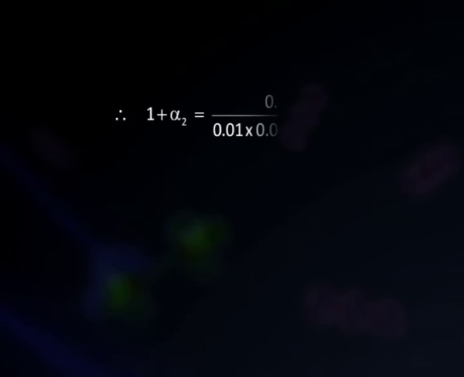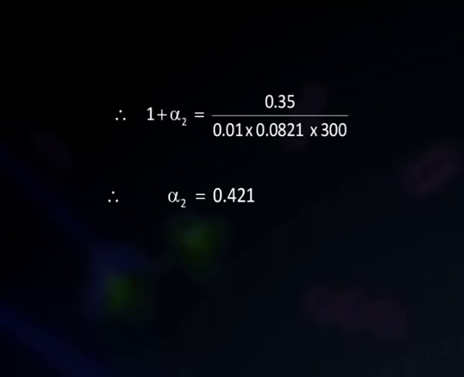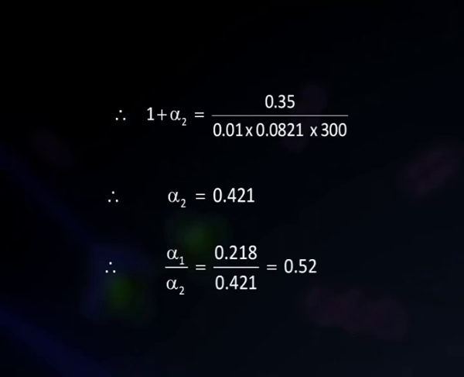Similarly, 1 plus α2 will be equal to 0.35 upon 0.01 into 0.0821 multiplied by 300, or we get α2 equal to 0.421. Hence, the ratio α1 upon α2 will be equal to 0.218 upon 0.421, which is equal to 0.52.